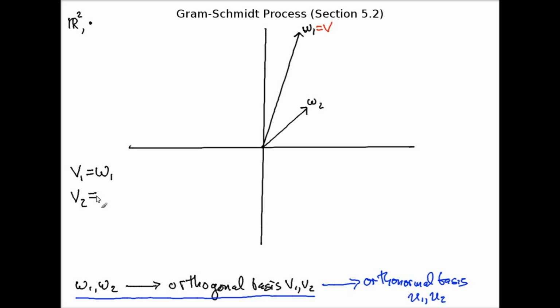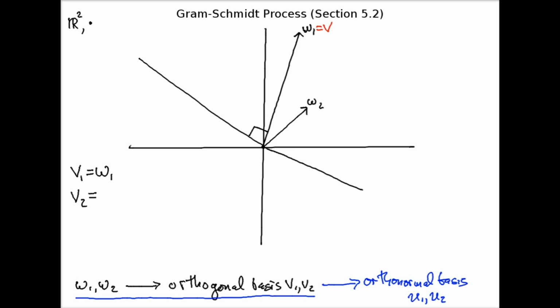Well, here's the idea. We already have W1, and so we know what direction V2 is supposed to be in. You have to take the line perpendicular to W1, and the vector V2 is supposed to be along this line, so it's perpendicular.